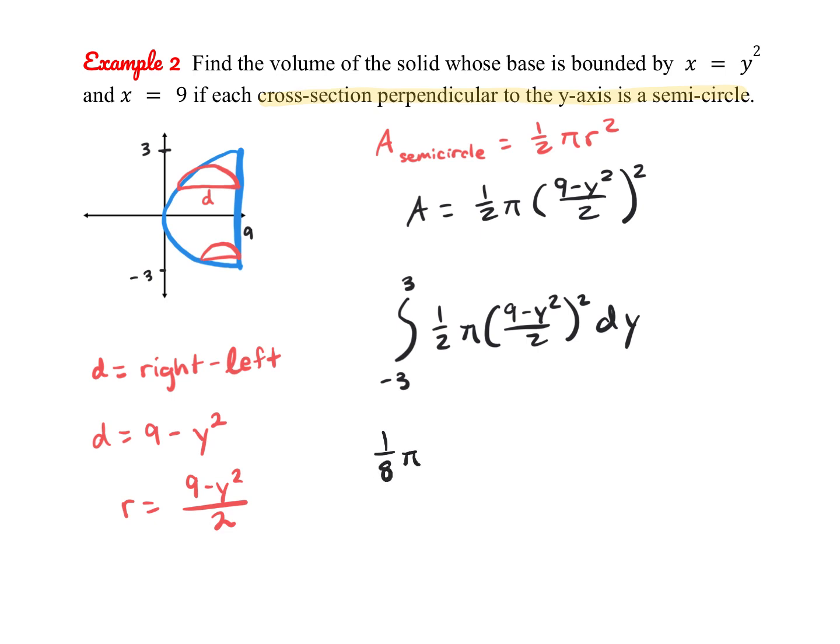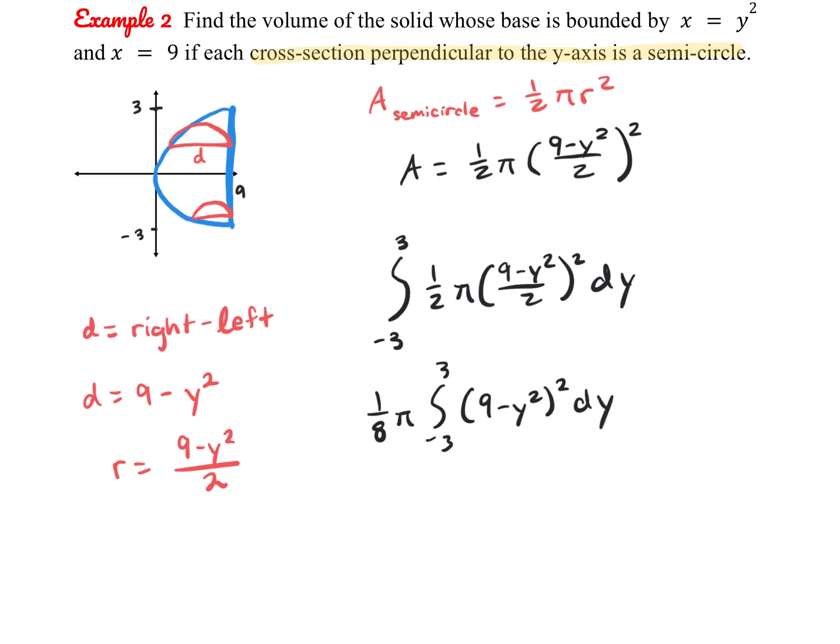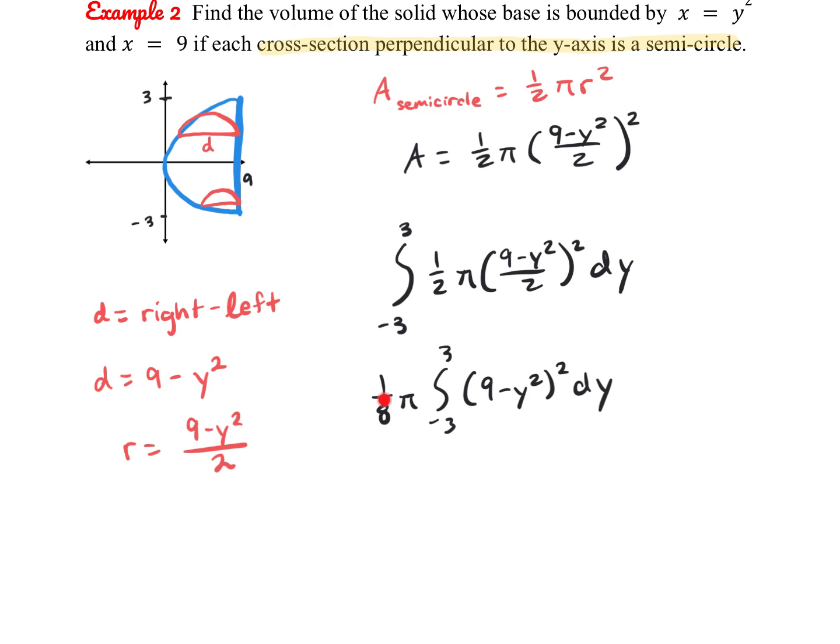Let me set this up first, and then we're going to use symmetry to help us out a little more. Pull out any constant first, and then we'll notice that this is symmetrical. The top half of our volume is equal to the bottom half, so we can find half of it and double it.